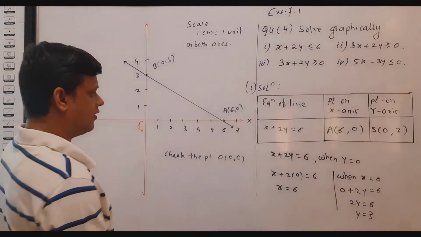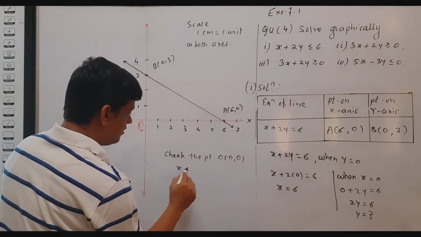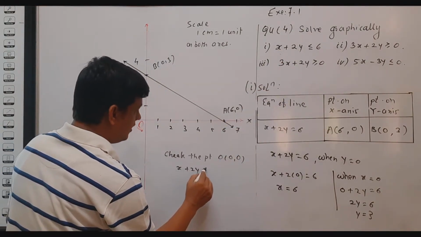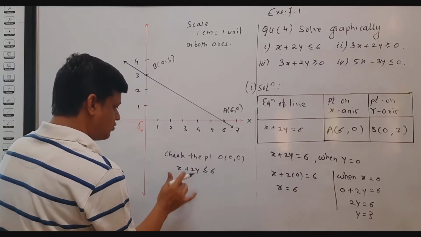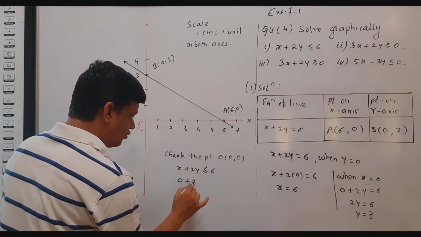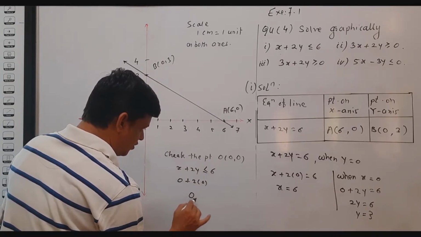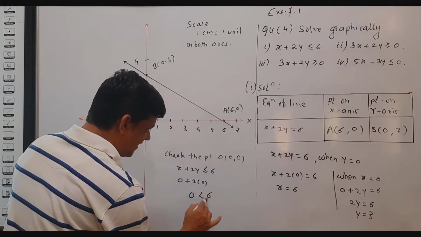So we put the values in the inequation x plus 2y less than or equal to 6. So we put x equal to 0, y equal to 0. So we get here 0 plus 0, 0. 0 is less than 6.